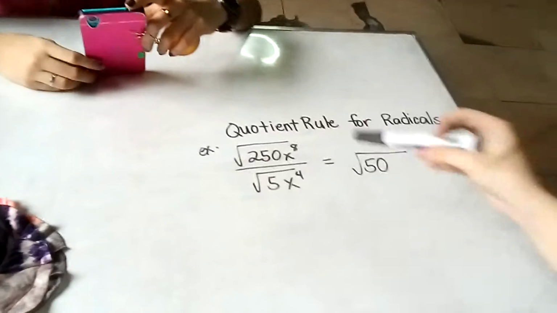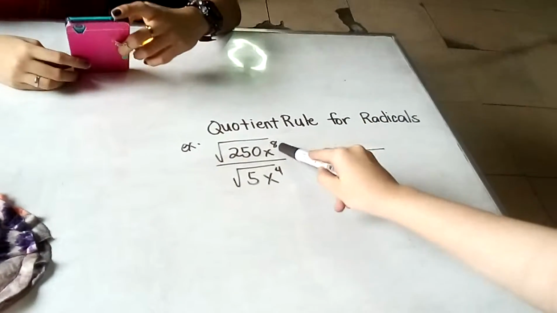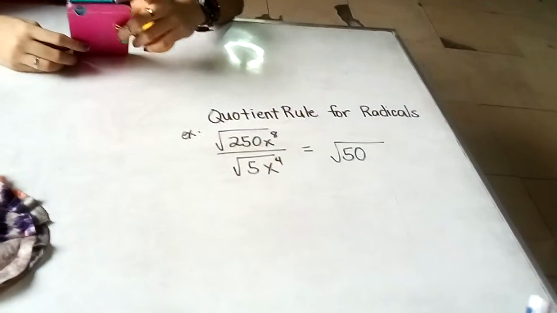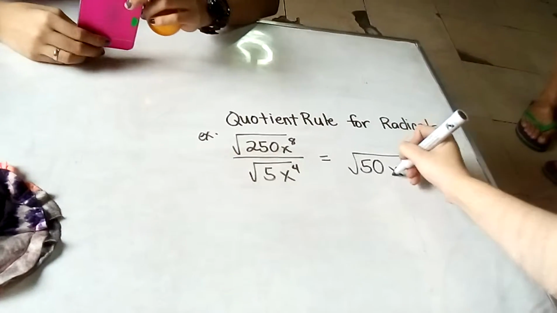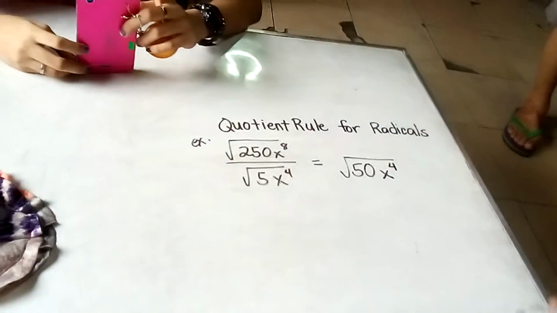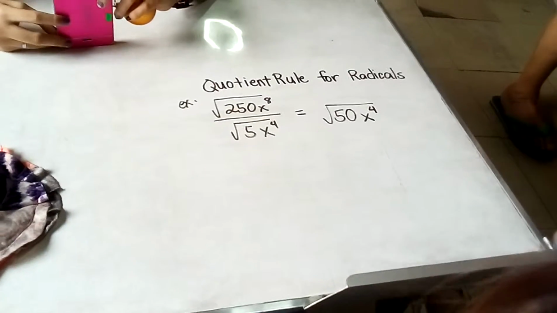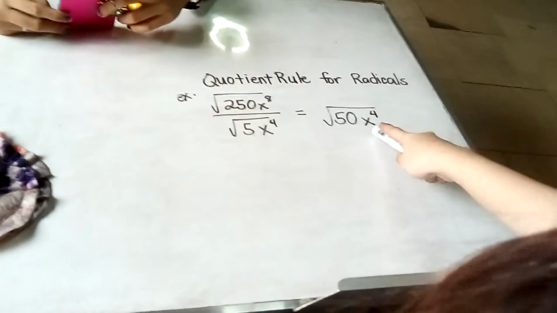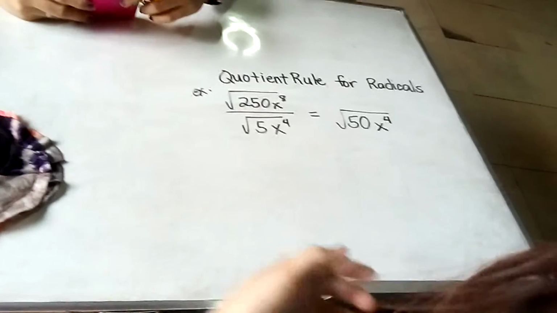Then remember, x to the 8 divided by x to the 4th is equal to x to the 4th. This is not the final answer yet.